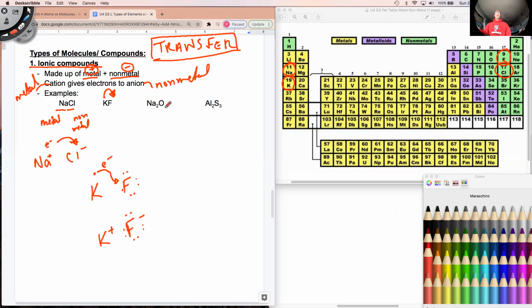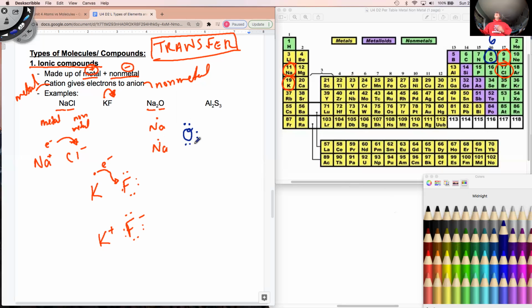If we take a look at this one, it has 2 sodiums and 1 oxygen. Metal, non-metal, so you'd have an Na. Mr. P, why would there be 2 Nas? Well, let's take a look. You have those 2 Nas right there, each with its valence electron. And then this oxygen's just hanging out with how many valence electrons? 6. 1, 2, 3, 4, 5, 6.